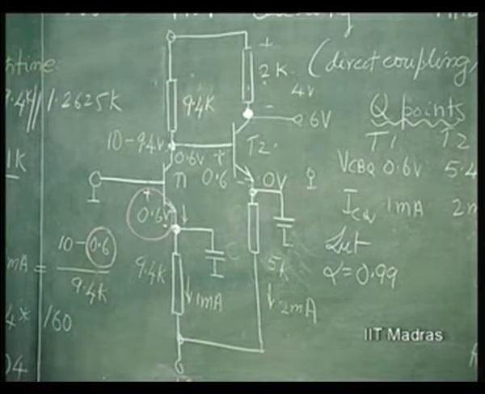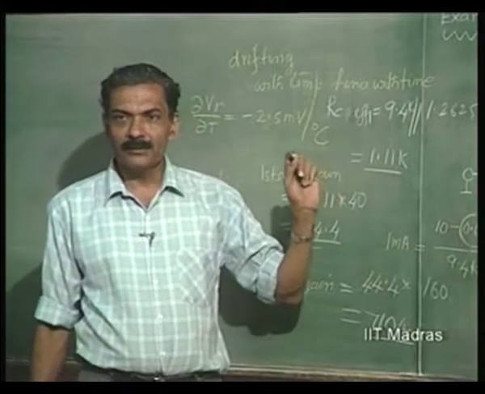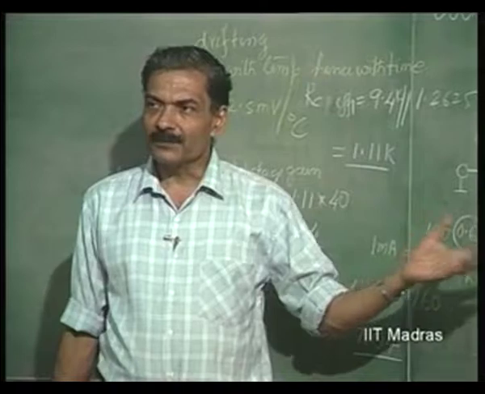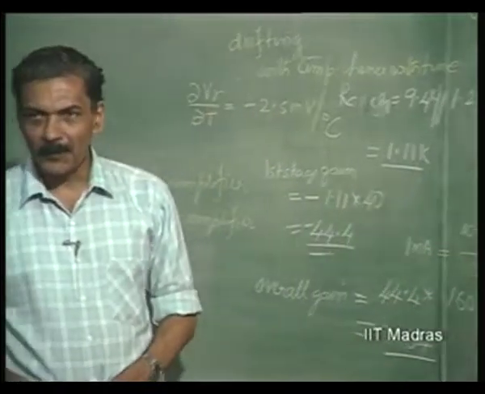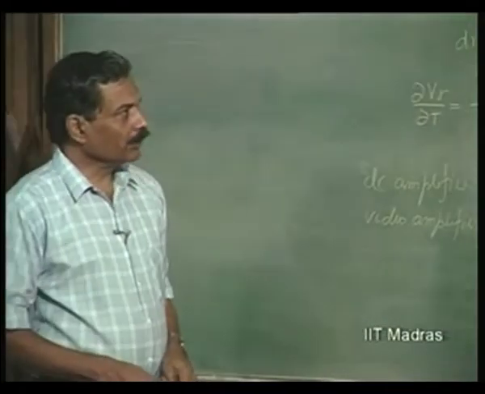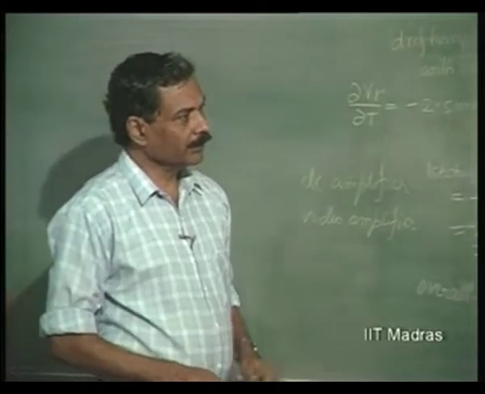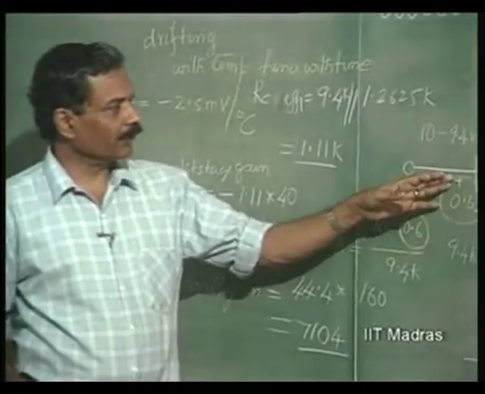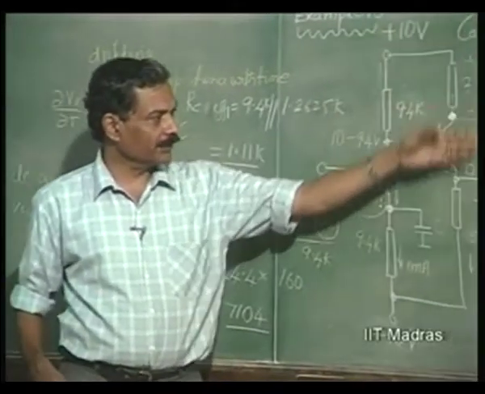So, in the design of these amplifiers, this used to be a major headache before the advent of integrated circuits. People were virtually spending hours trying to compensate for this kind of drift. So, this variation with respect to temperature here will cause a huge variation here.